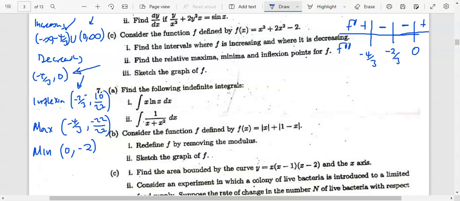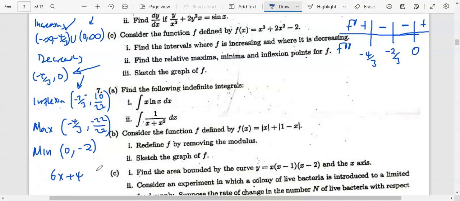Now, if you look at the denominator, we are talking about the second derivative. You found negative 2 over 3. Okay. So what you are going to do is, what happens if you get values of x greater than negative 2 over 3? We put in the second derivative. The second derivative we found was what? When we found the second derivative, was it 6x plus 4?